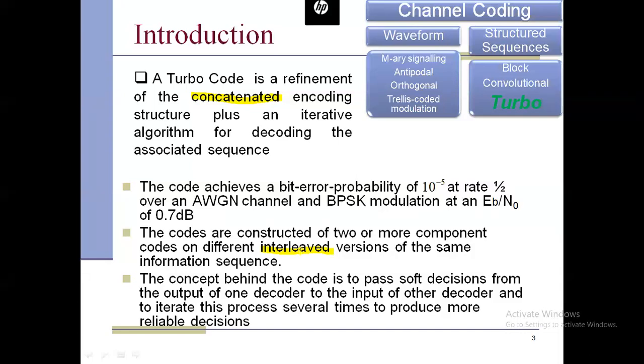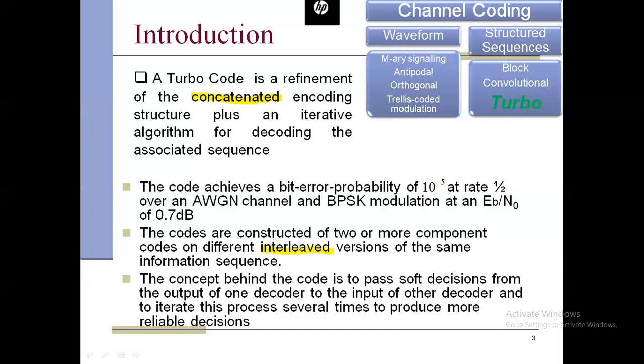For example, if I interleave the message in such a way that I transmit the fifth symbol after the first symbol, it means I transmit symbols after an interval of four symbols.